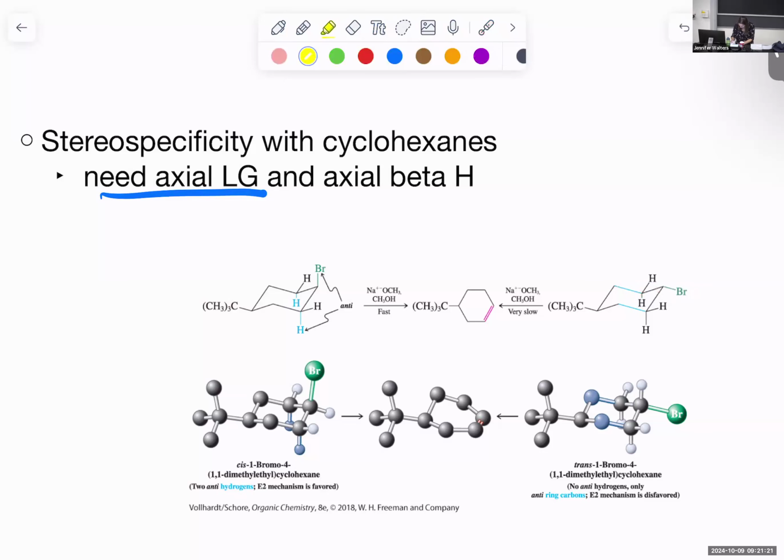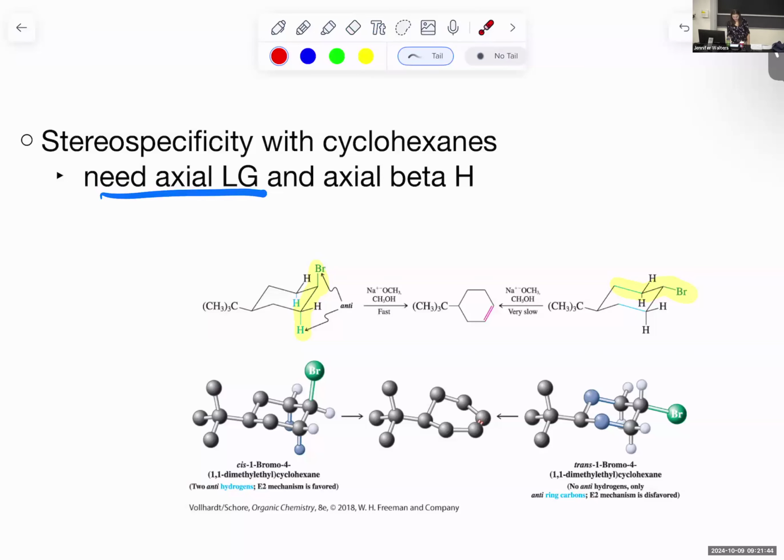So the only way to get it to be antiperiplanar with the hydrogen is when you are axial. Equatorial is parallel to the bond in the ring, not the hydrogen. So that's why in order to do the E2, you must have your leaving group axial.